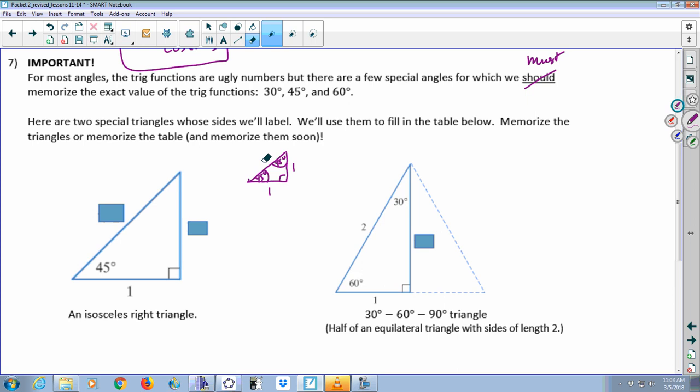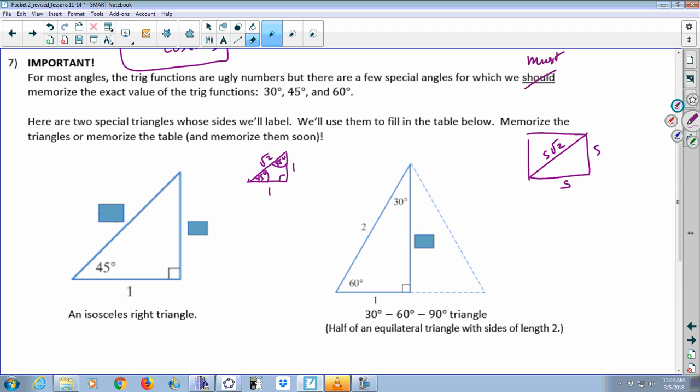Square root of 2. In general, in case you ever forget, if you have a square of length s, the diagonal, because it's not a triangle, is s times the square root of 2, always. So given sides of 1, 1 times the square root of 2 is square root of 2. 1 squared plus 1 squared is 2, c squared equals 2, c equals square root of 2.